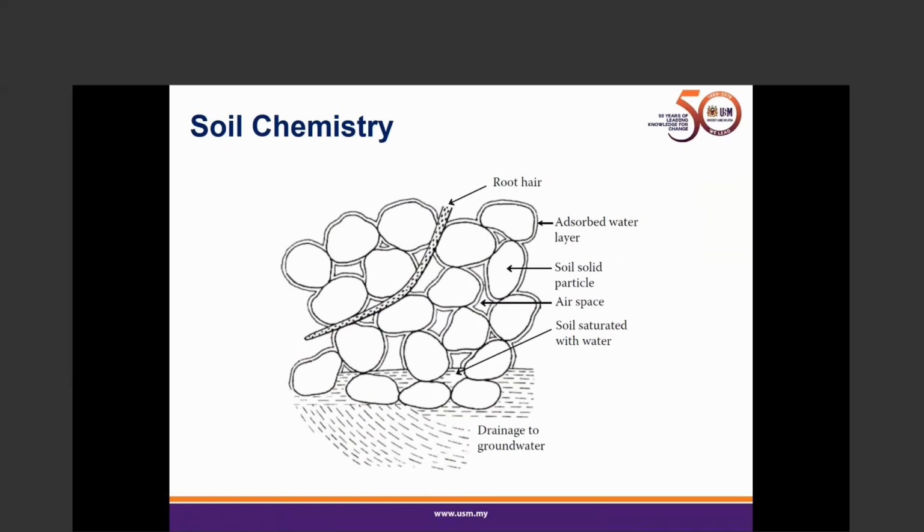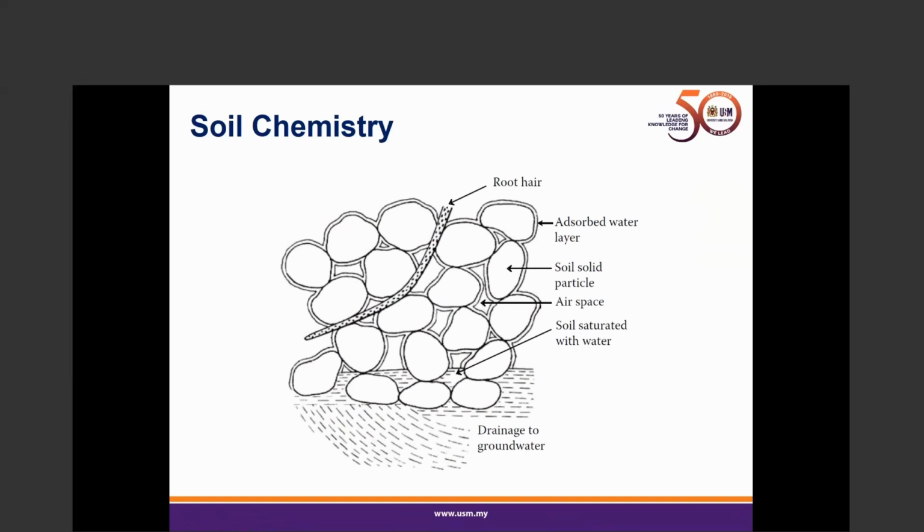This figure shows the fine structure of soil, showing that it consists of solid, water, and air. Soil contains air spaces and generally a loose texture. But different types of soil will have different amounts of air space and water volume.